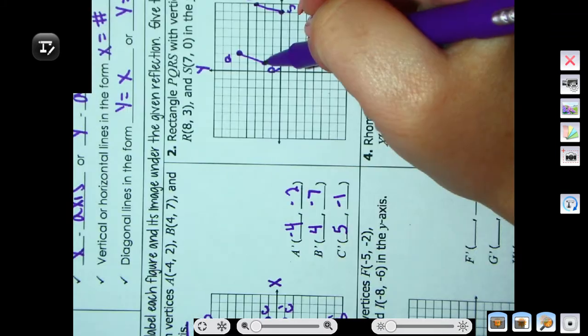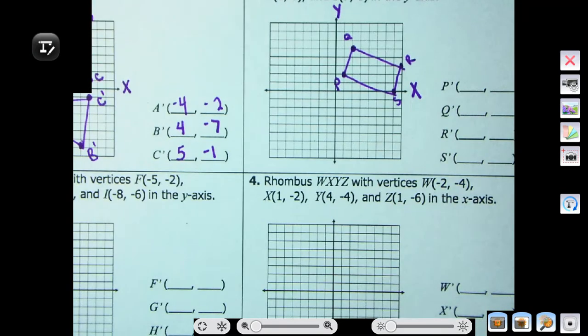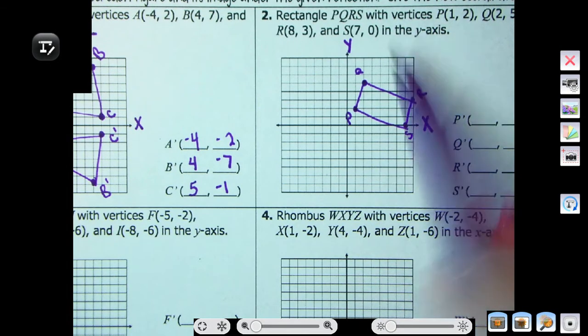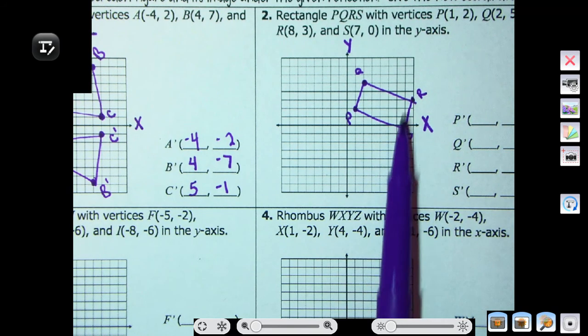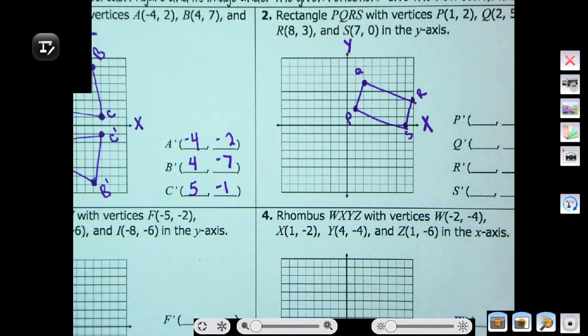And I'm going to connect my points. And you can see the rectangle. So now we're reflecting this rectangle. Instead of over the x-axis, we're reflecting it over the y-axis. So it's going to be a flip over my vertical axis.